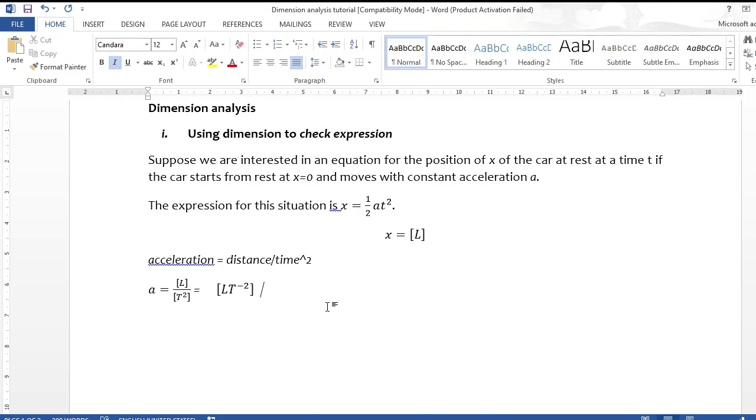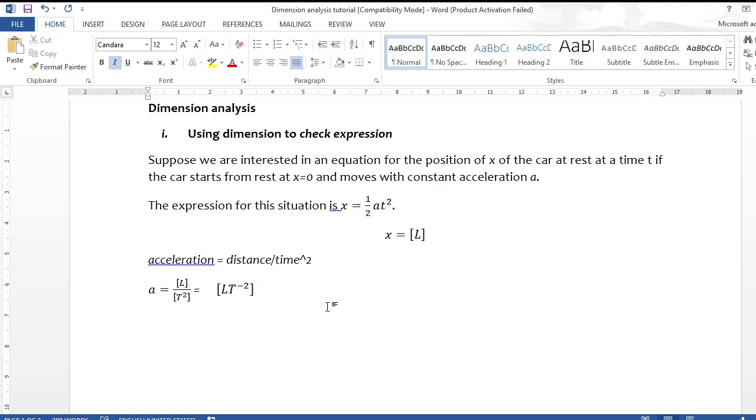So if you want to write the dimension of acceleration, you can write it as L T to the power negative 2. Similarly, for time, it's simple because we're already given t squared, so the dimension will be T to the power 2.